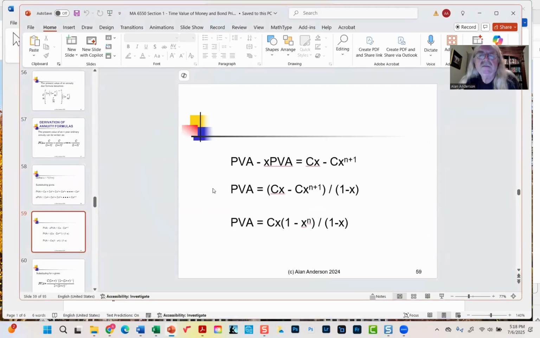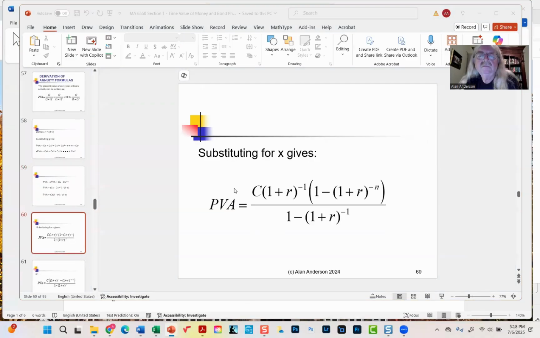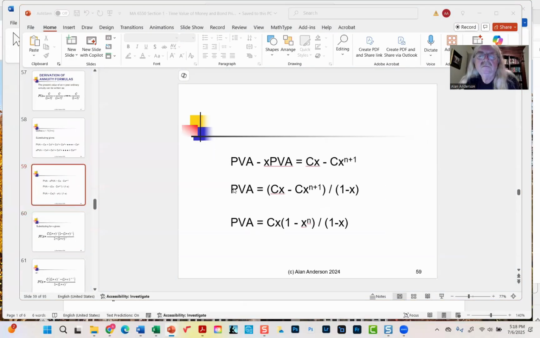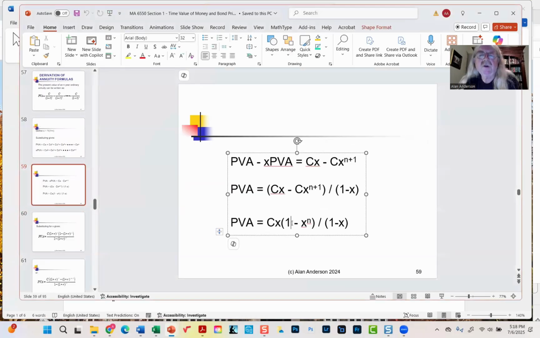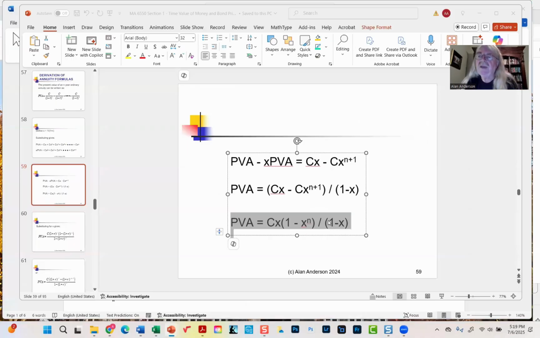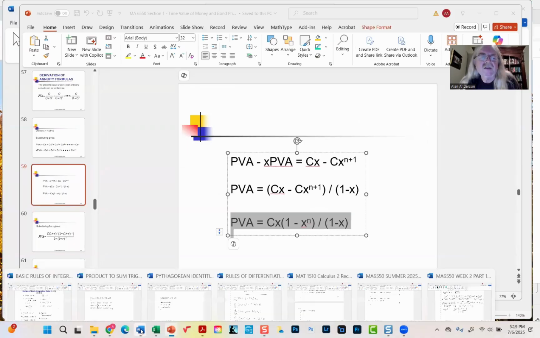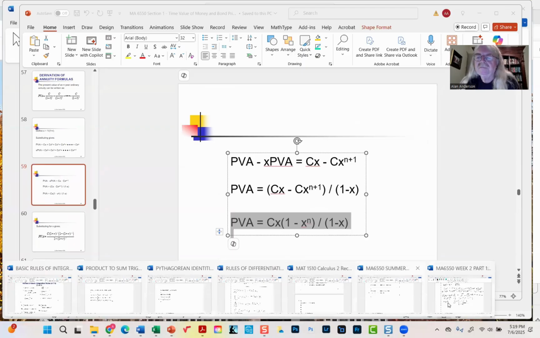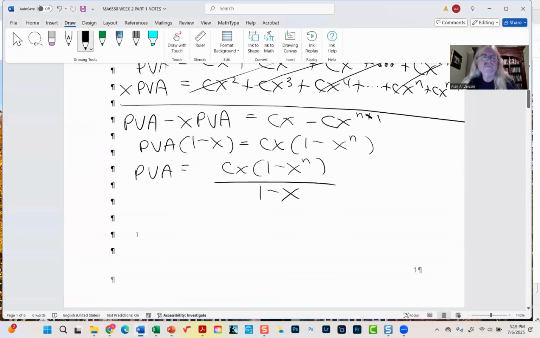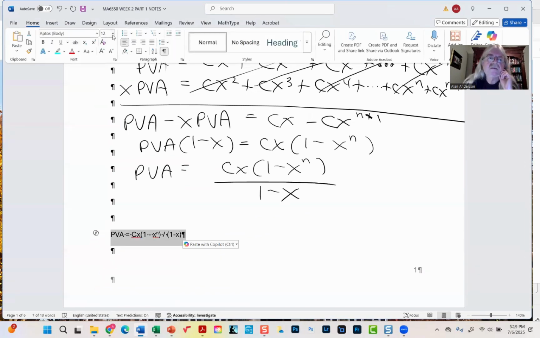So this is where we are right now. What we're going to do is make some substitutions. In other words, we're going to bring back the definition of X into our equation here and see what happens.